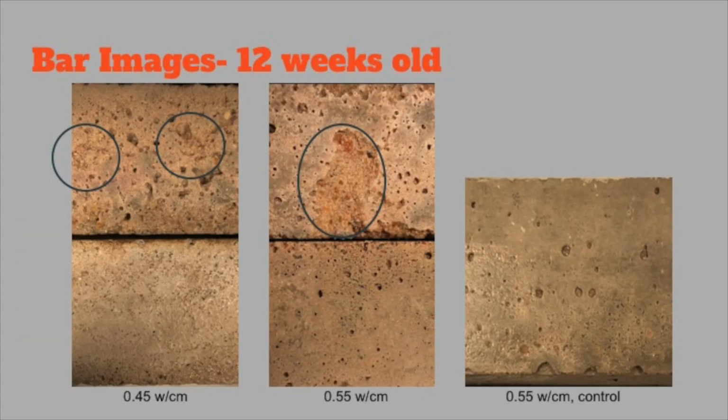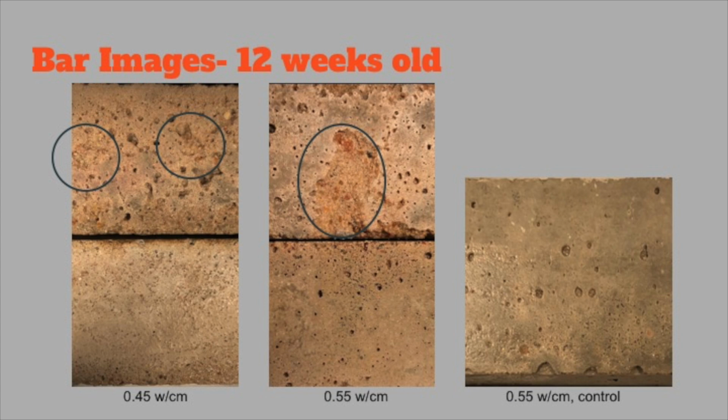So the next thing we looked at was the bar images. These are after 12 weeks of exposure. These are those 1 by 1 by 10 bars. And you can see for the 0.45 water cement ratio, the bar on the top has a small amount of surface damage. You can see the circled areas where the surface has kind of almost spalled off, fallen off.